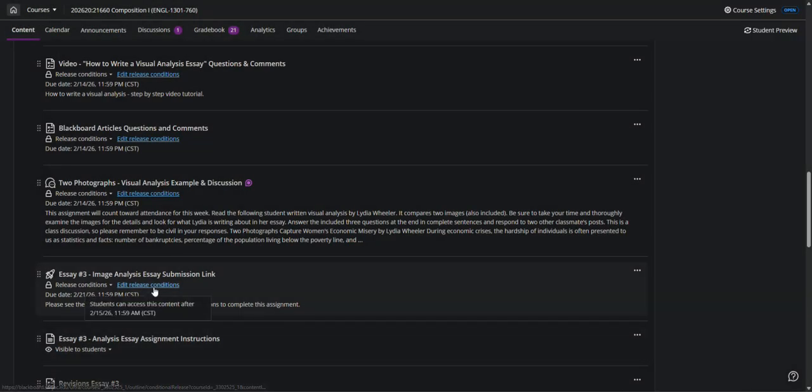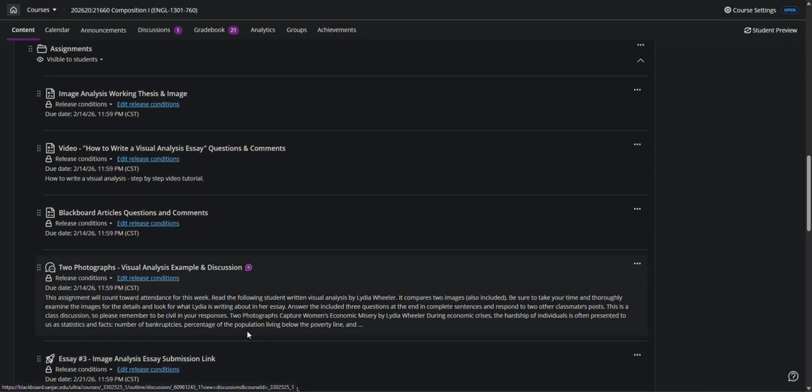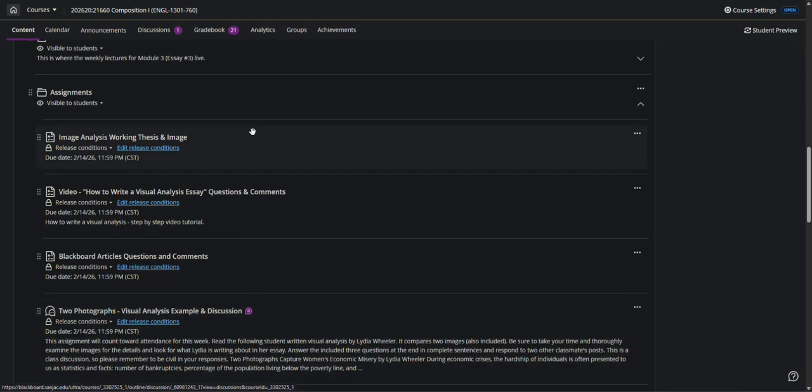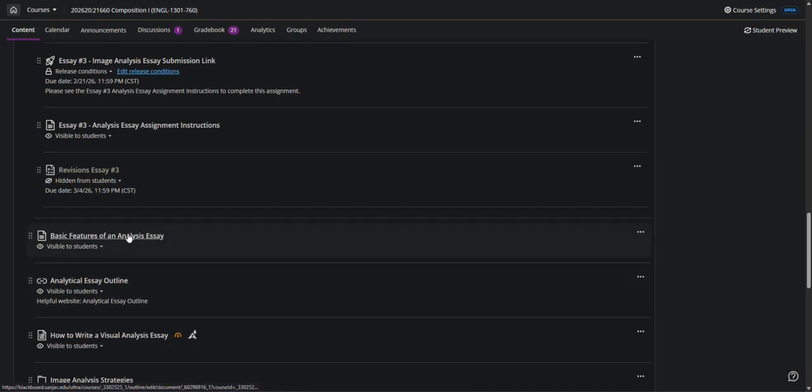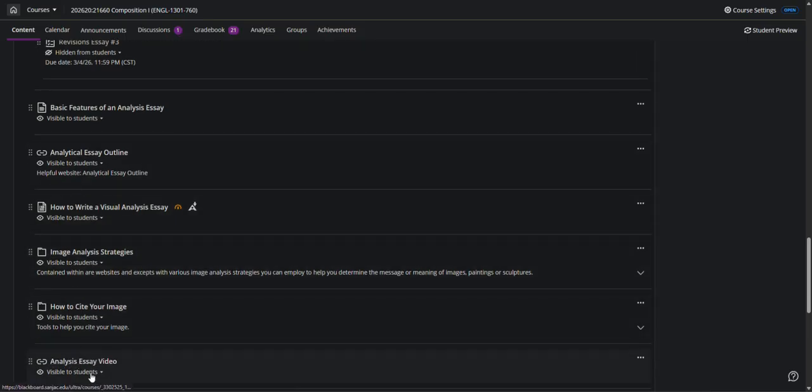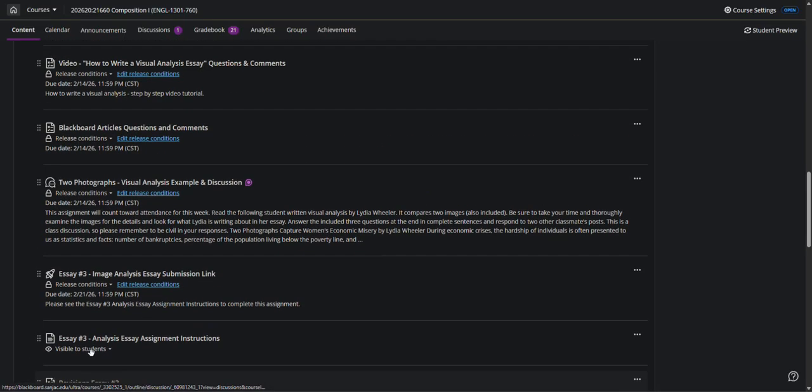The visual analysis itself will be just like our other papers, 750 words, analyzing an image, and I will go over that in more detail next week. But for this week, the most important thing is that you read through the information that's here in the module, all of these different things, read through those carefully.